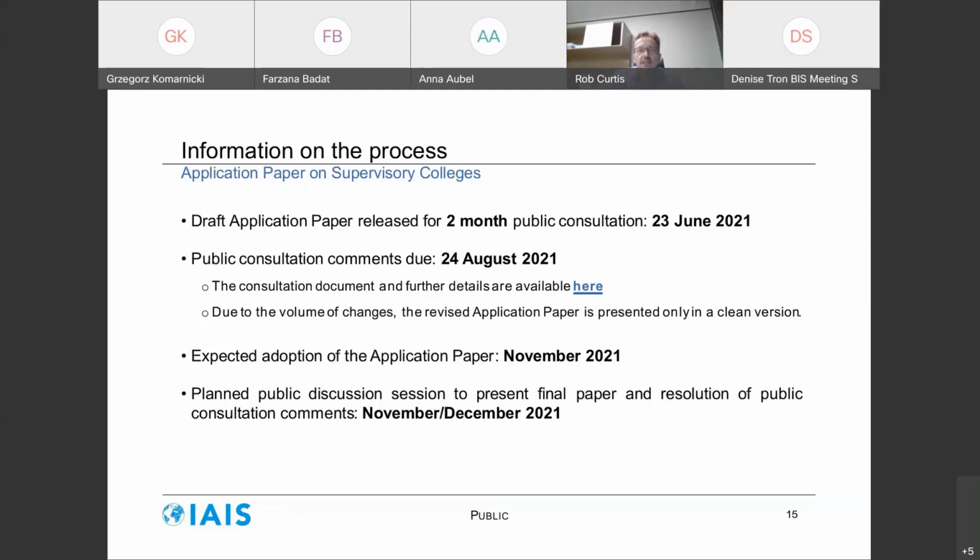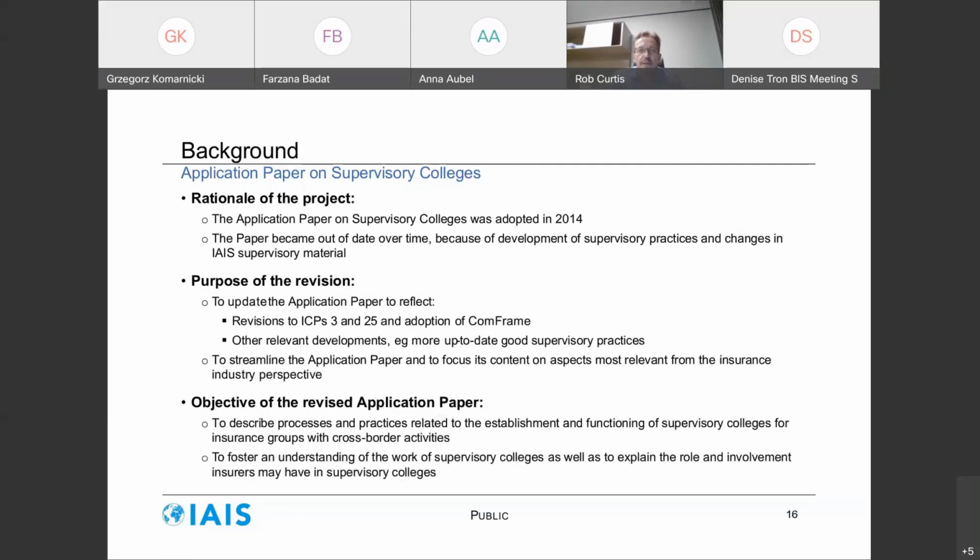In terms of some background, the application paper on supervisory colleges was originally adopted back in 2014 by the IAIS. Given all relevant developments that took place since then, including revision of relevant ICPs and adoption of ComFrame in 2019, the paper became effectively out of date.